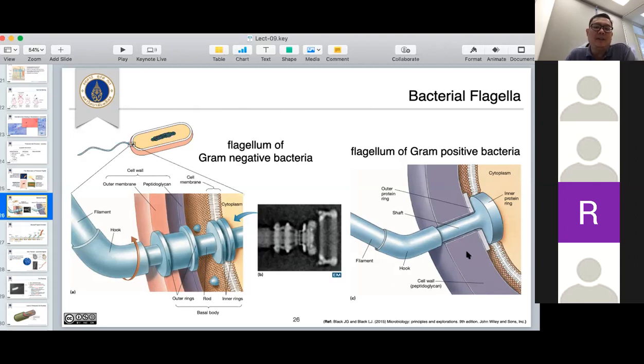Apart from the disc structure, they have an angle protein called hook. Hook is a structure of flagella. It makes an angle, okay? And this disc can move, can rotate around itself, okay?